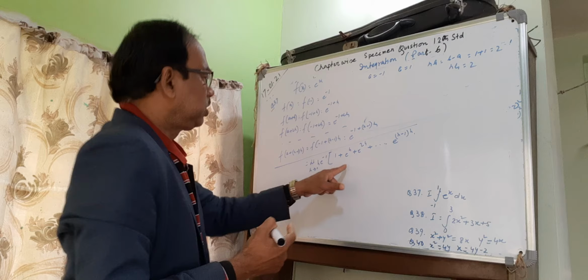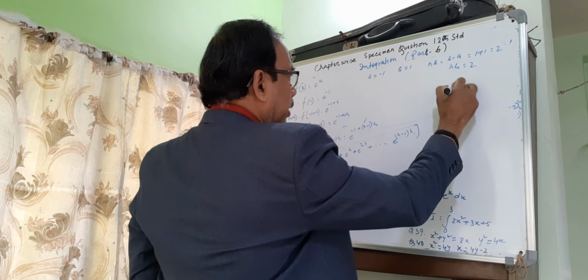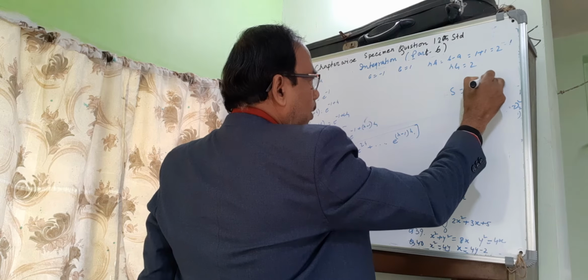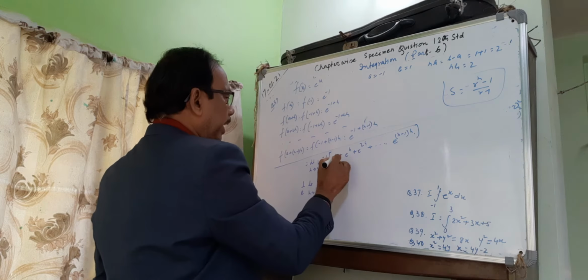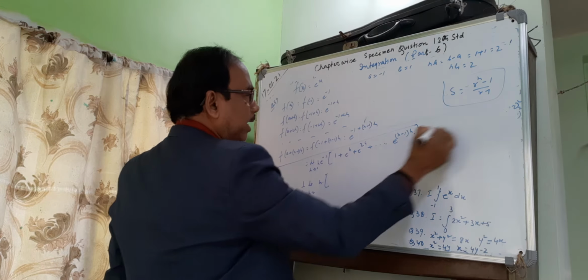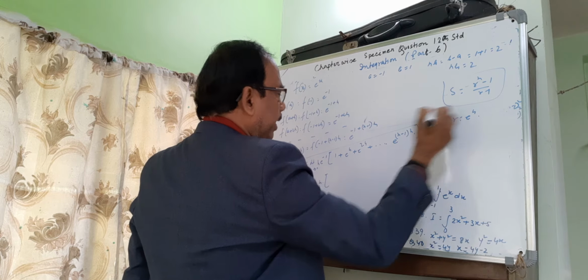This is the formula of the GP series. Here you know sum of the GP series is a times (r to the power n minus 1) by (r minus 1). Here r value is e to the power h.